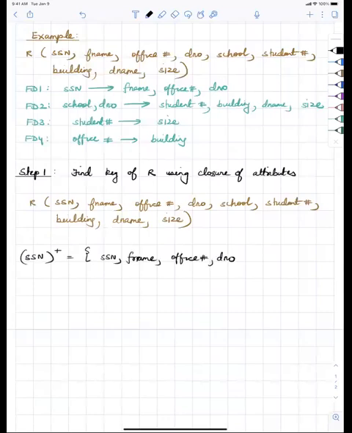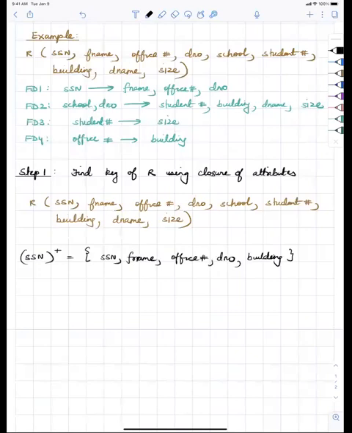We can get building because we have this last one, office number determines building. So we can bring in building. I think that's it. We can't get anything else from social security number. So social security number is not a key.